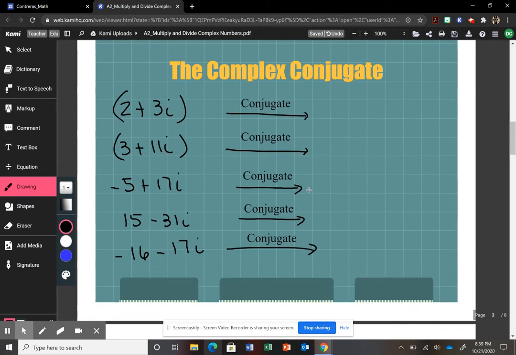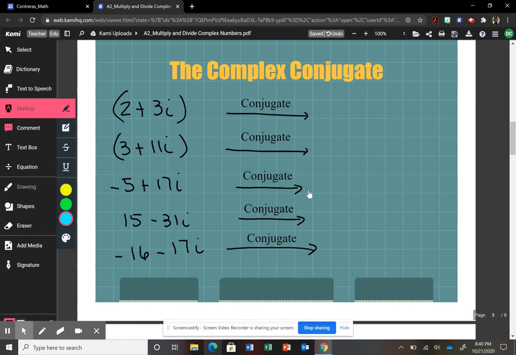Okay, so one important aspect in dividing complex numbers is finding the complex conjugate. Okay, and why we do that is because we want to eliminate our middle term or i term, because we're going to rationalize that denominator.